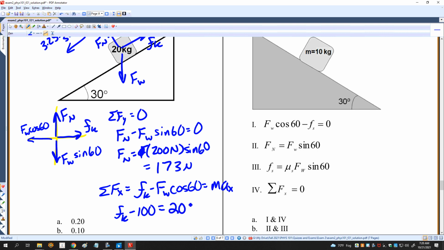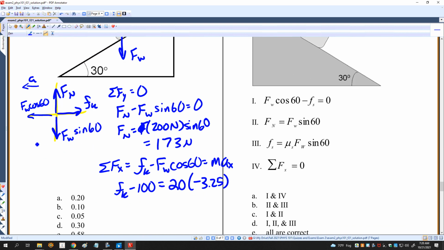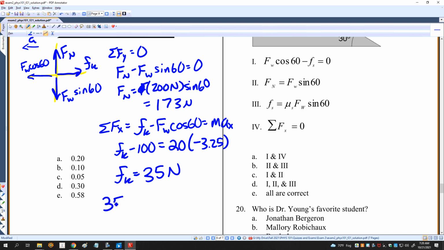That's where you've got to be careful, because notice my acceleration is in this direction, in the negative x direction. If I solve that for Fk, I find that Fk is equal to 35 newtons. So then I have 35 newtons equals mu times my normal force, which is 173, and I solve that for mu, and I get 0.2.